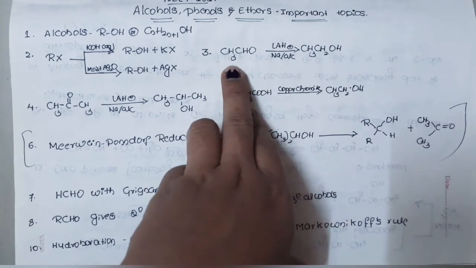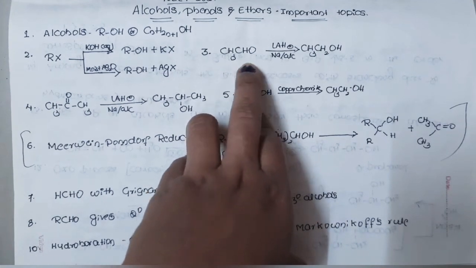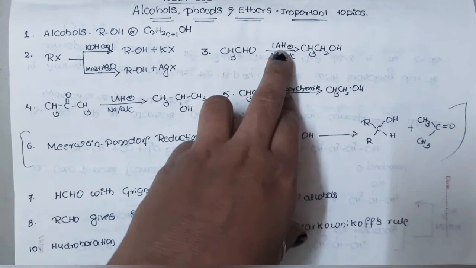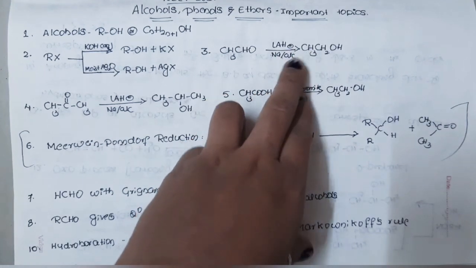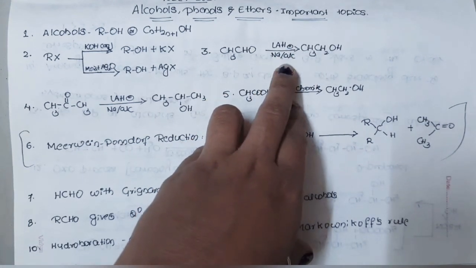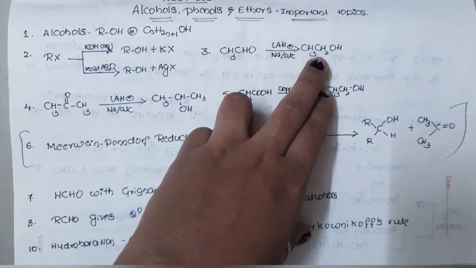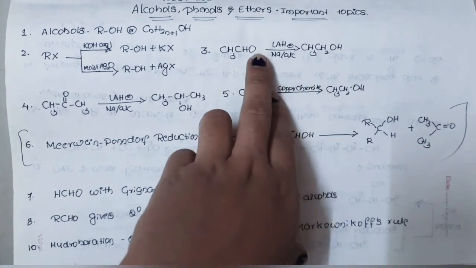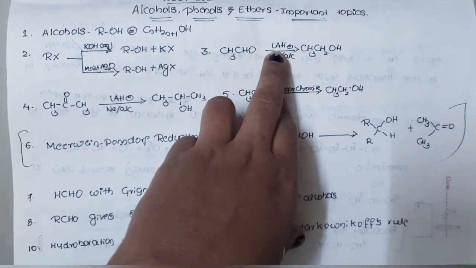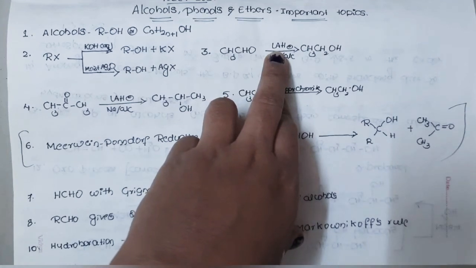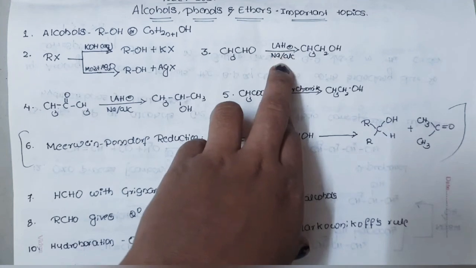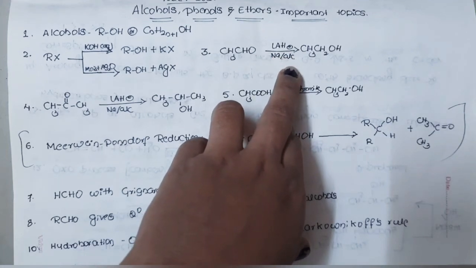Similarly, here we have acetaldehyde. When an aldehyde is treated with lithium aluminum hydride, or sodium in presence of alcohol, it gives the respective alcohol. What is the role of lithium aluminum hydride? It acts as a strong reducing agent. Instead of that, you can even use sodium in presence of alcohol.